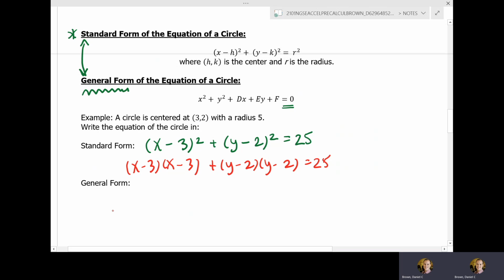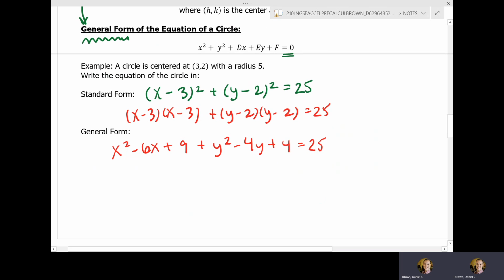So squaring the x's, x squared minus 6x plus 9, squaring y minus 2, y squared minus 4y plus 4, equal to 25. And then I want to rearrange this and get it equal to 0. So I have the x squared and the y squared minus a 6x minus a 4y.